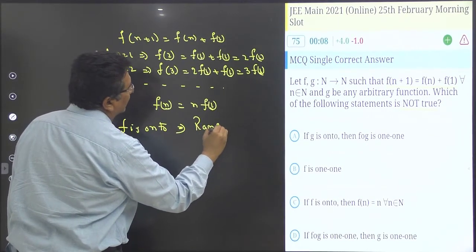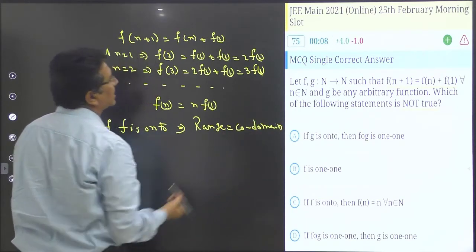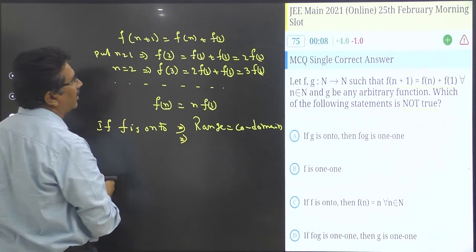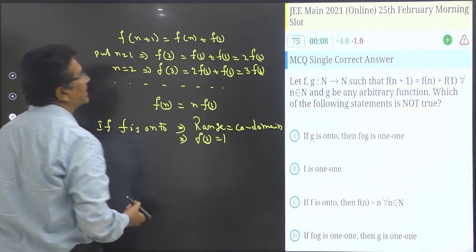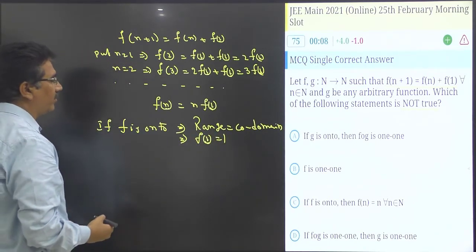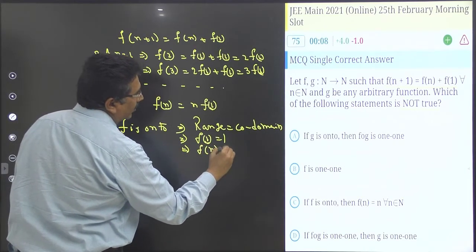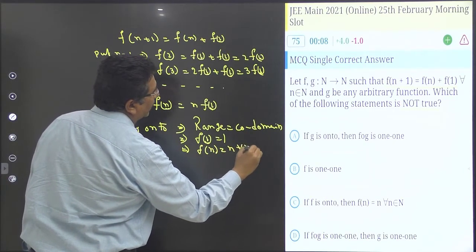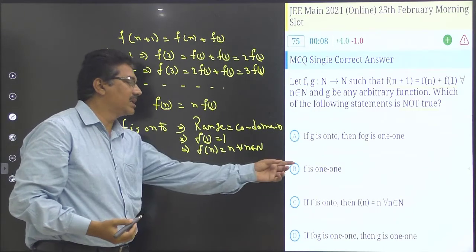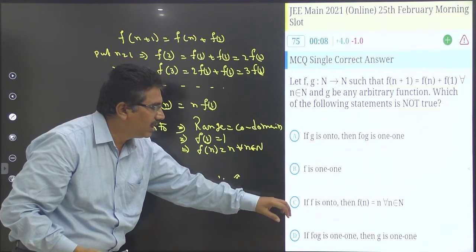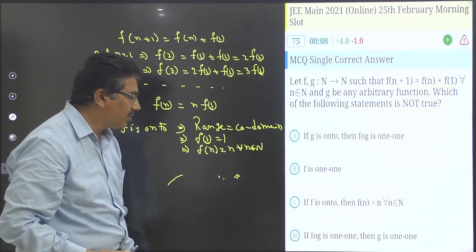That is possible only when f of 1 is equal to 1. That corresponds to f of n is equal to n for all n belonging to N. Right? f is 1-1, that is true. If f is onto, then f of n is equal to n, that is also true.